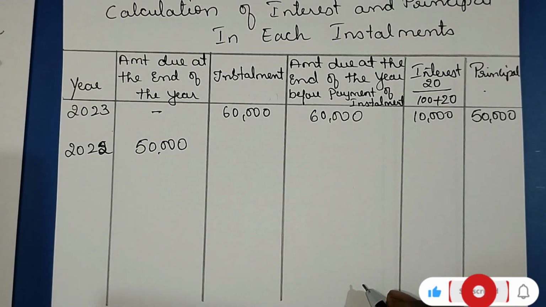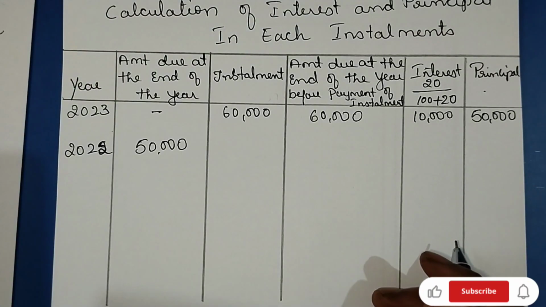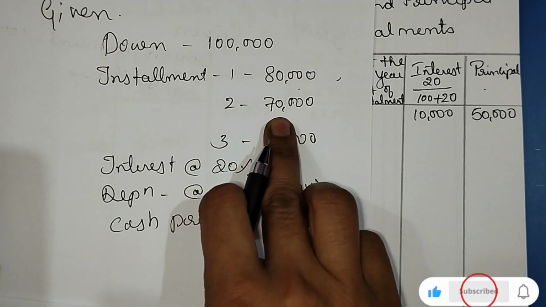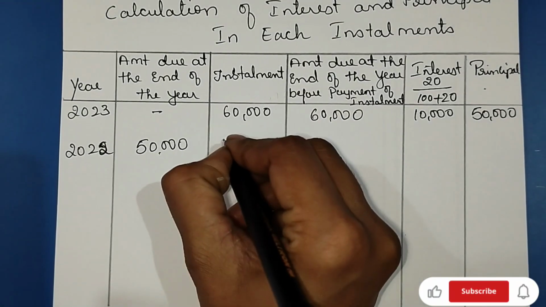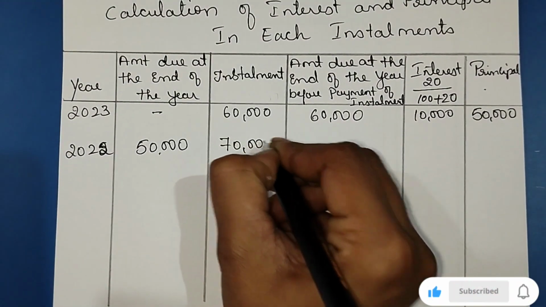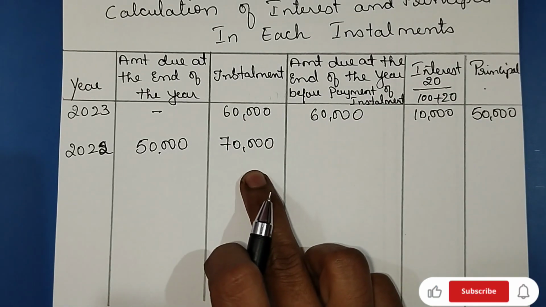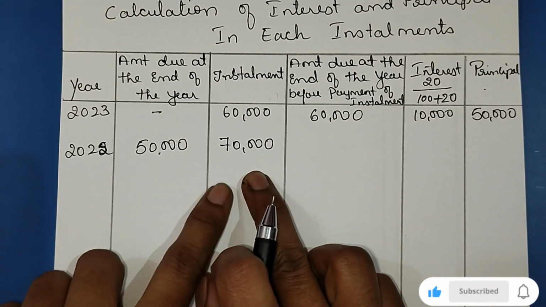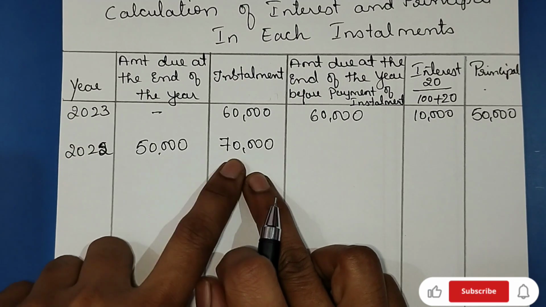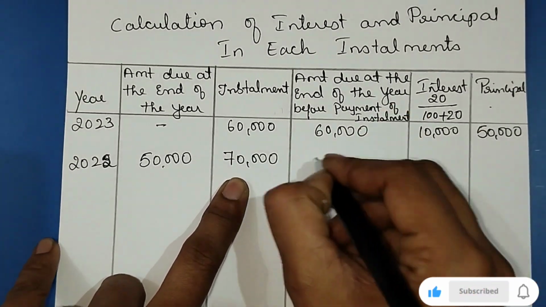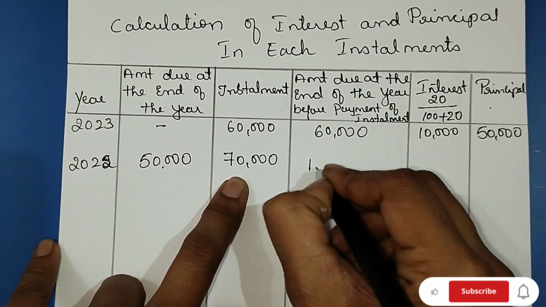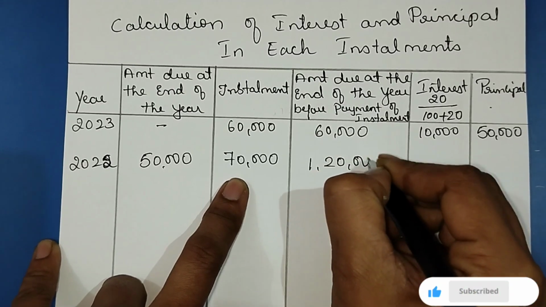And what is your second year installment? Second year installment is 70,000. The balance after payment is 50. 50 plus 70, total amount before payment is 1,20,000.